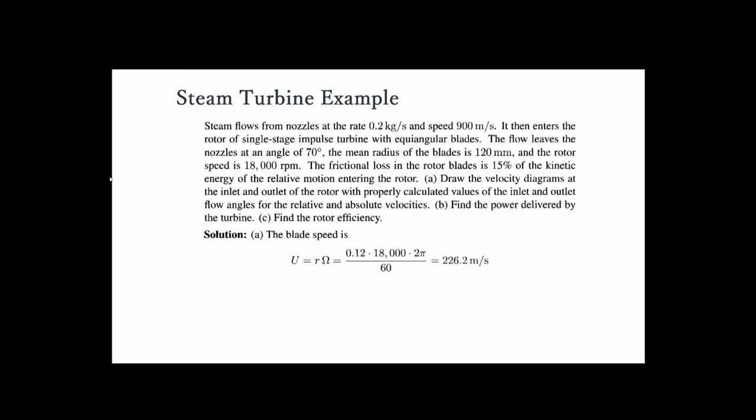The blade speed U can be calculated using this equation: U equals R times omega, the rotational speed of the rotor, where R is the radius of the turbine.